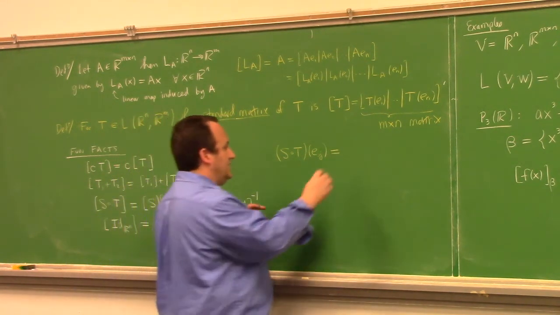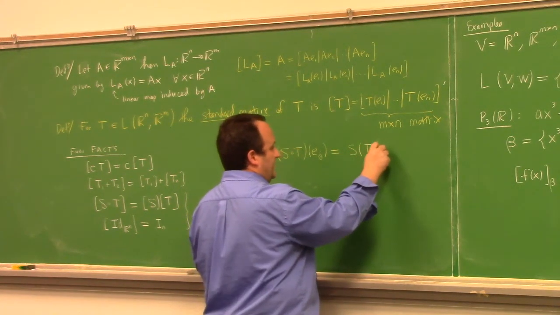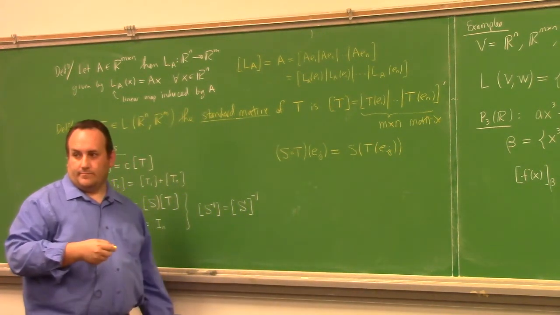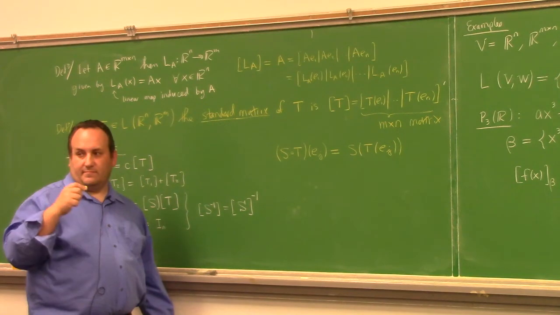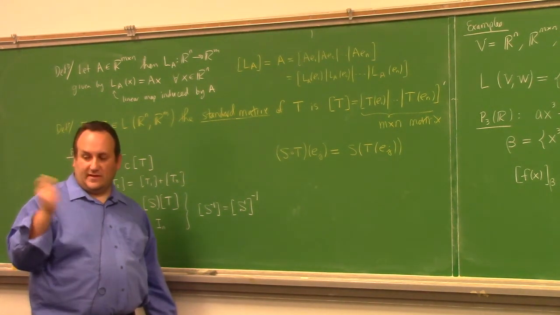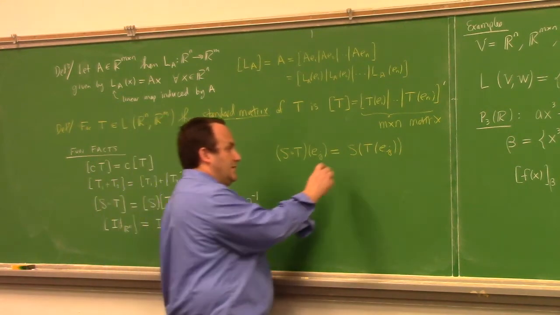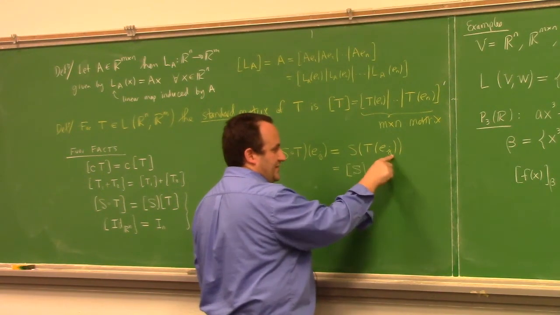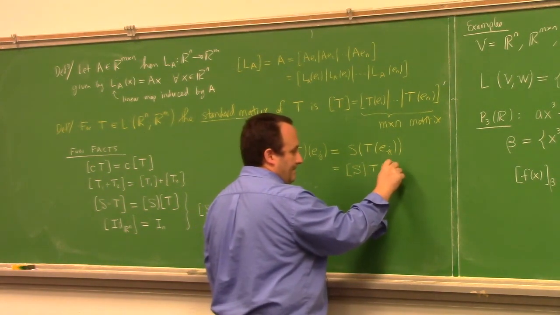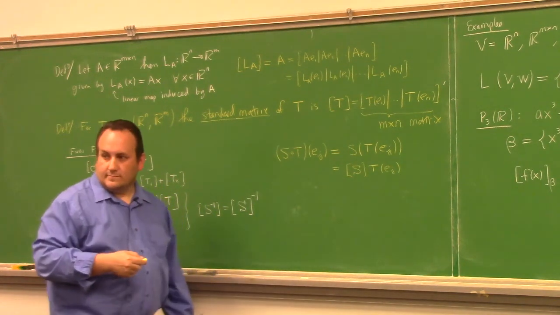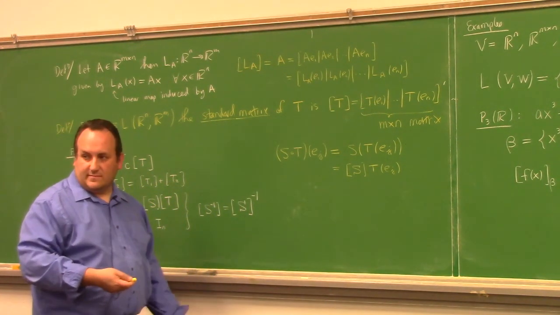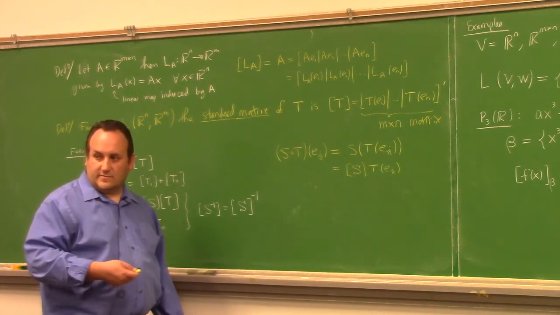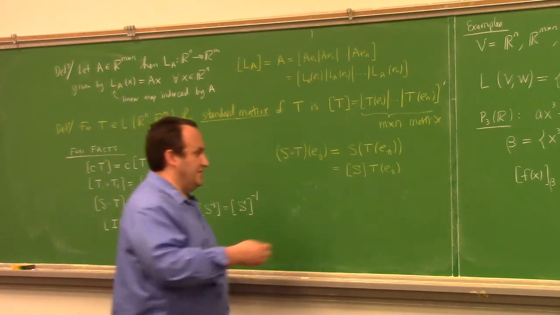By definition, this is S of T of EJ. But by definition of standard matrix, that is the standard matrix of S times that vector, whatever that is. But what's T of EJ? Well, it's the standard matrix of T times EJ, by definition of standard matrix.